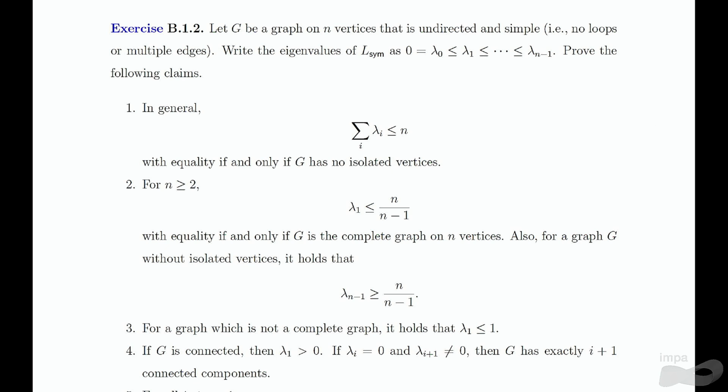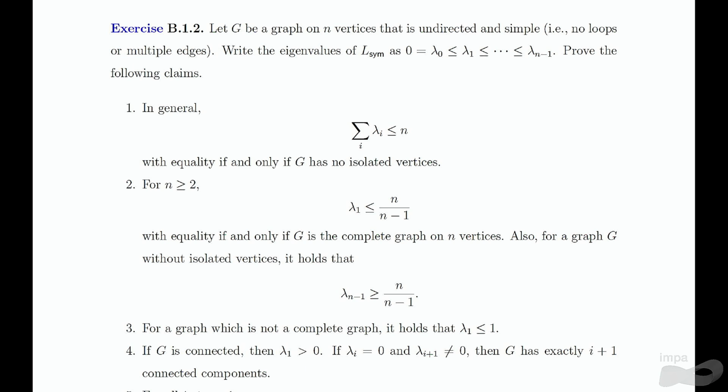Okay, another little exercise. Take a graph G, undirected and simple, so now specifying that we don't have loops and we don't allow multiple edges. We have the symmetric Laplacian, which we defined a moment ago. For the sake of this example, let's order the eigenvalues from smallest to largest, and let's use this shifted indexing, lambda 0 all the way to lambda n plus 1.